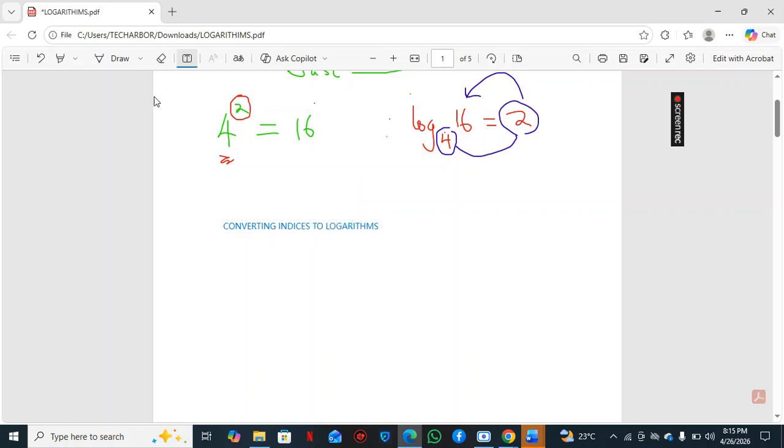For example, you might be given this expression here: 5 to the power 2, the same as saying 25.